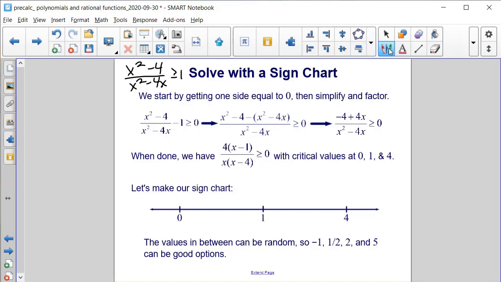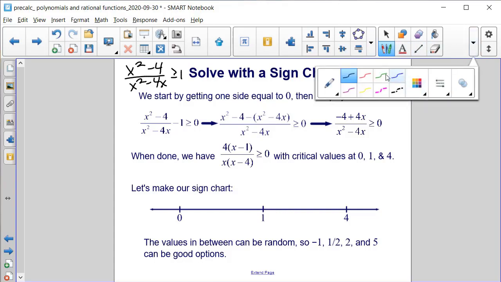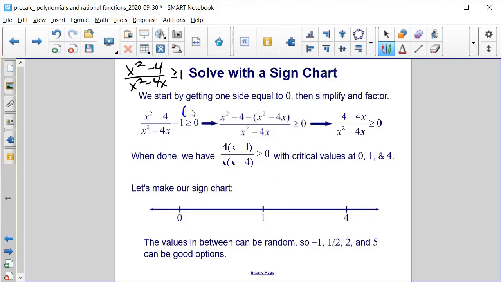So I'm taking 1 and multiplying it by x squared minus 4x over x squared minus 4x. And that's how I got this expression right here. And again, it's still greater than or equal to 0.